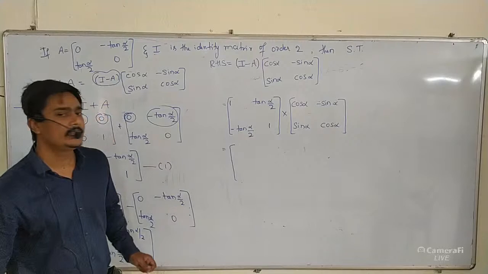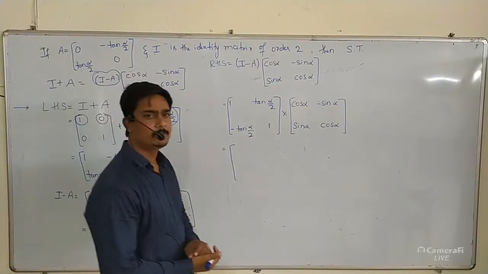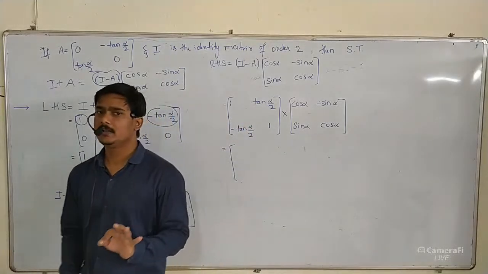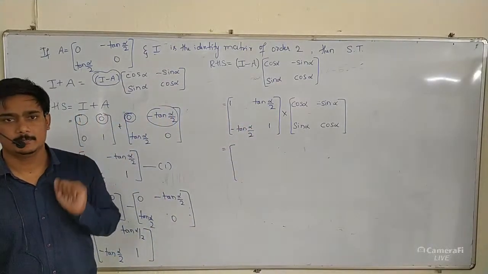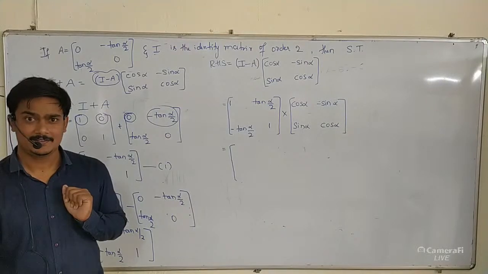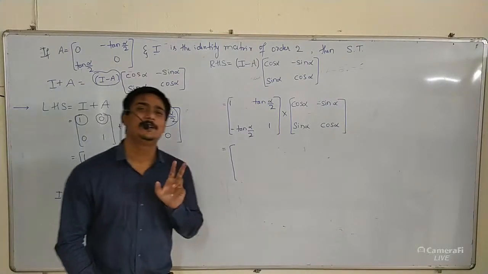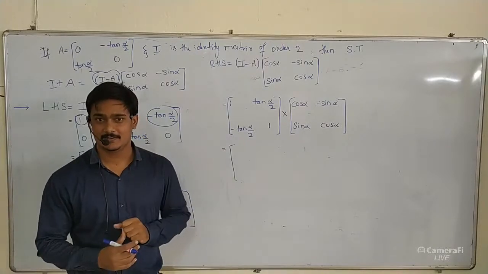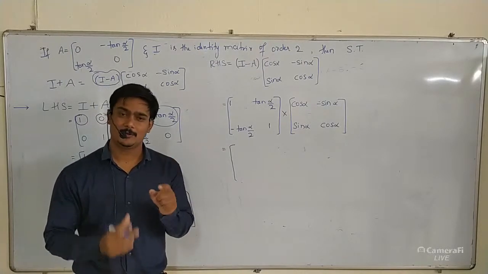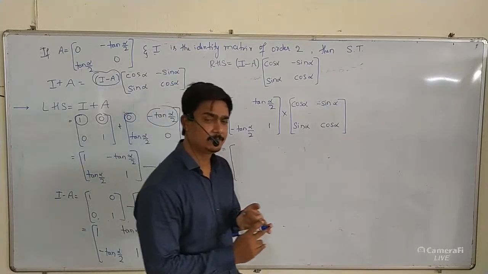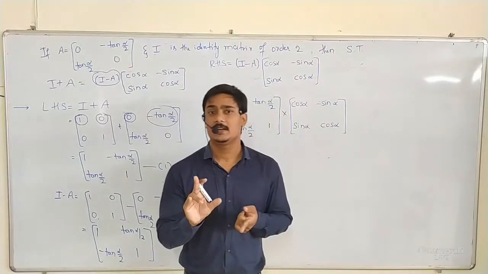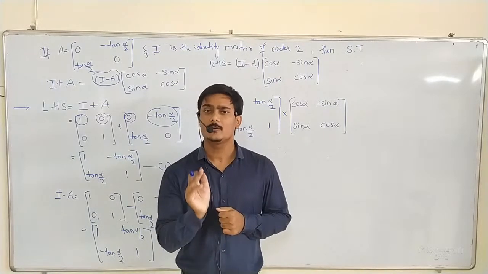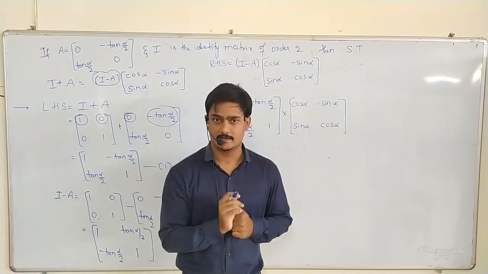Now let us multiply these two matrices. How do we multiply two matrices? Two matrices are multiplied by multiplying the corresponding elements. Is it? No. When we multiply two matrices, we use row column multiplication concept. You need to remember this point. When we add or subtract, we use the corresponding elements, but when we multiply two matrices, we use row column multiplication concept.